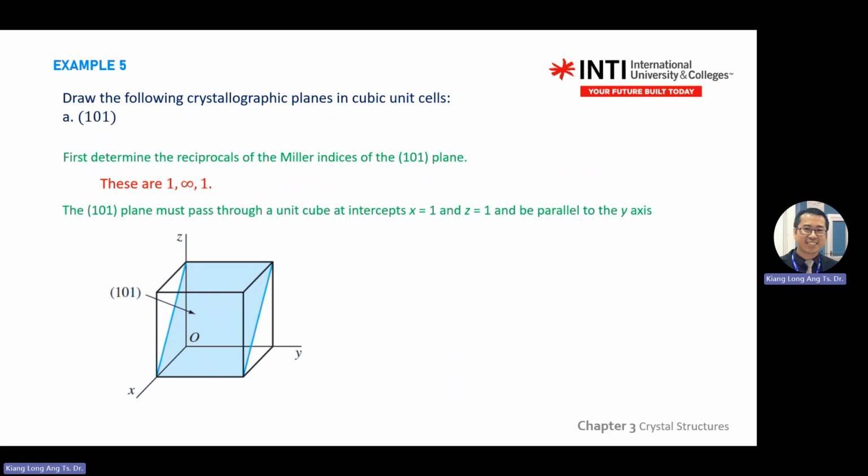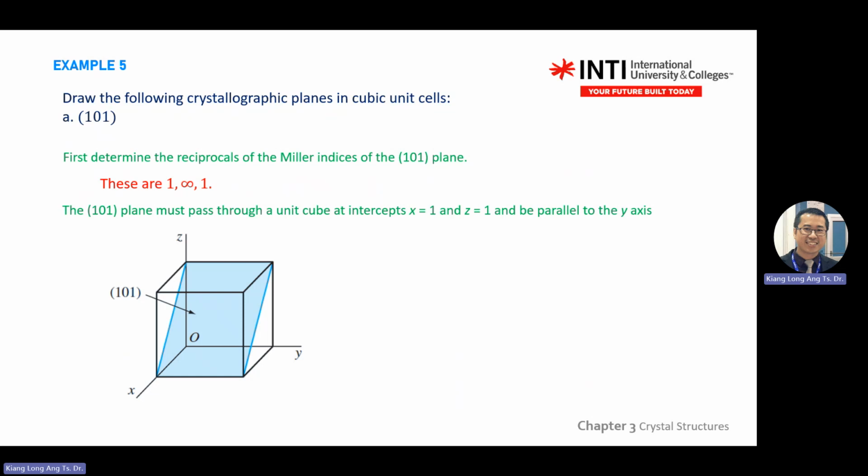Okay, so you move 1 X. Y is infinity. Then Z you move 1 up, so it's a slanted plane. It's called 101. Okay, so if you are given this Miller index 101, the step is you do the reciprocal first.